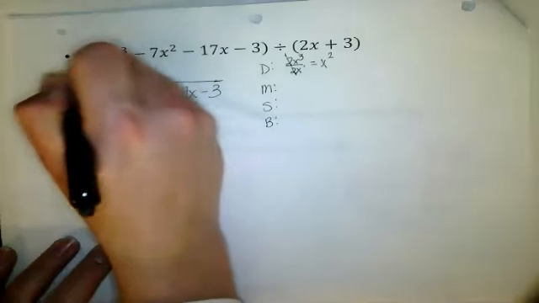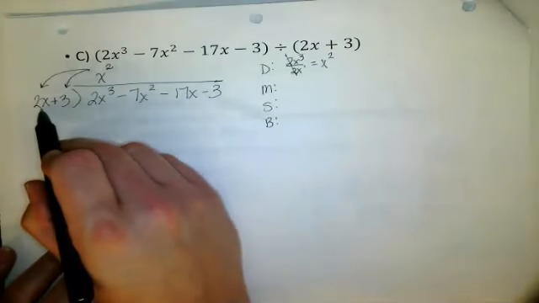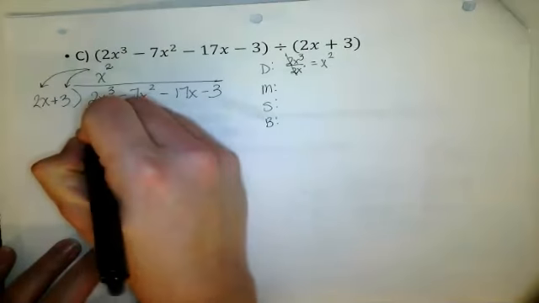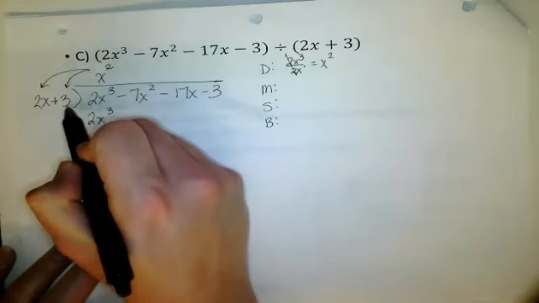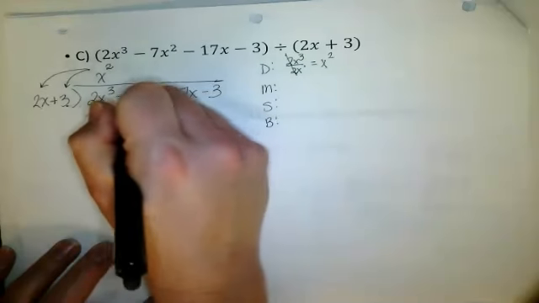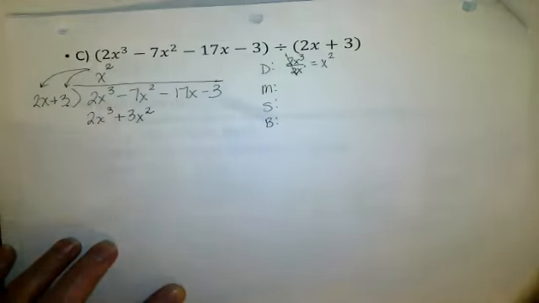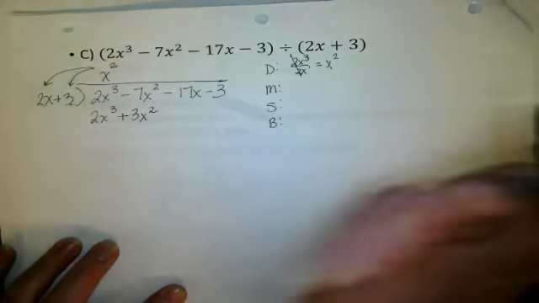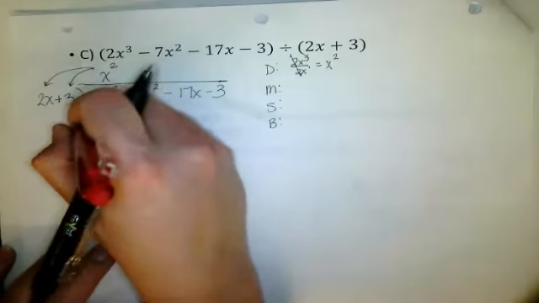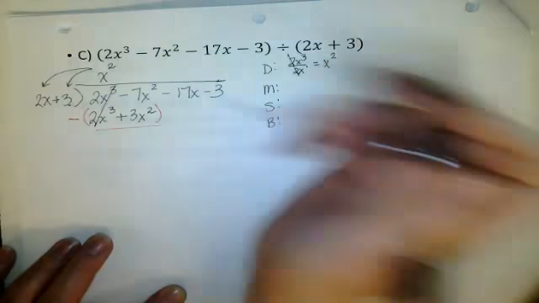And then we're going to multiply x squared times 2x is 2x cubed. X squared times 3 is plus 3x squared. And then we're going to subtract everything. 2x cubed minus 2x cubed is 0.